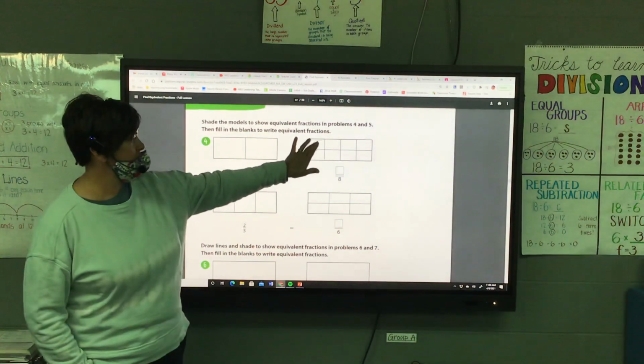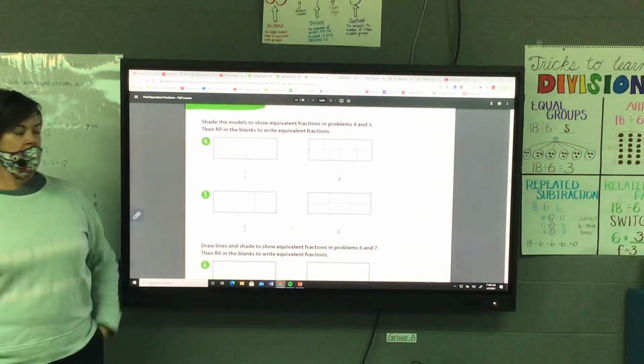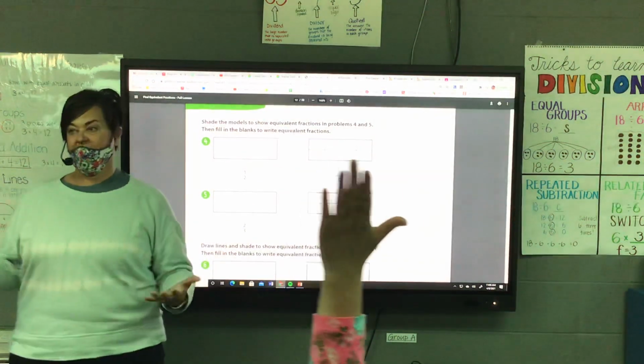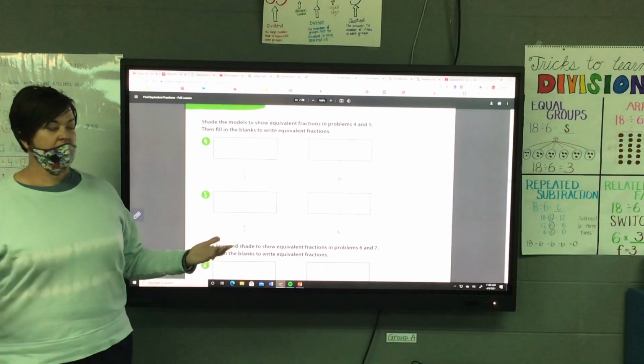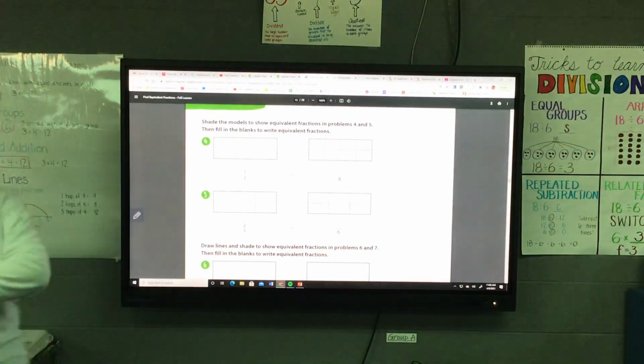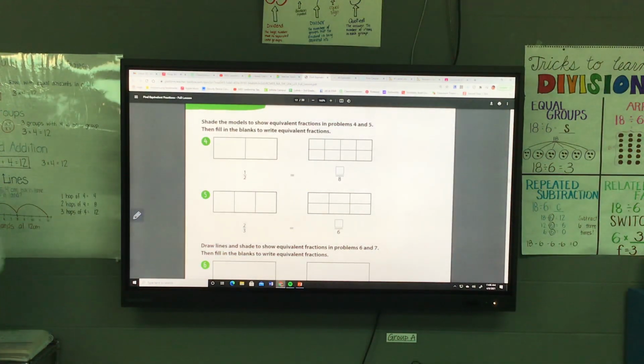Just one of those? No. How many would make it exactly the same amount colored in? Everybody. 4. Show me that and then write the fraction. Got it?